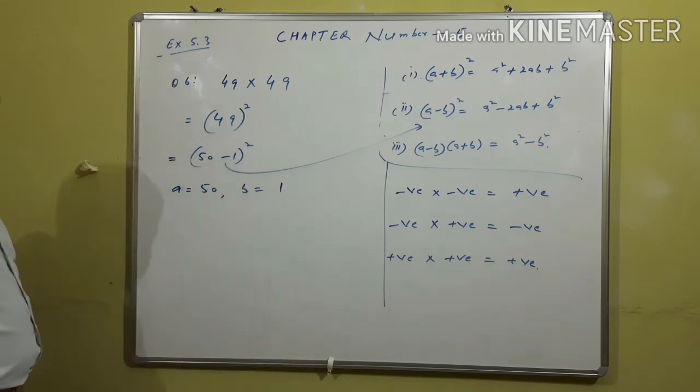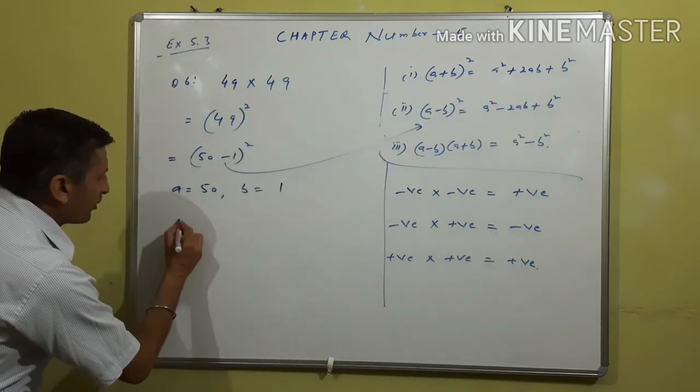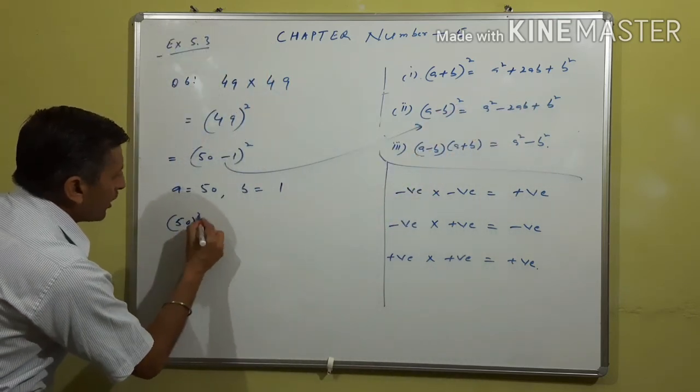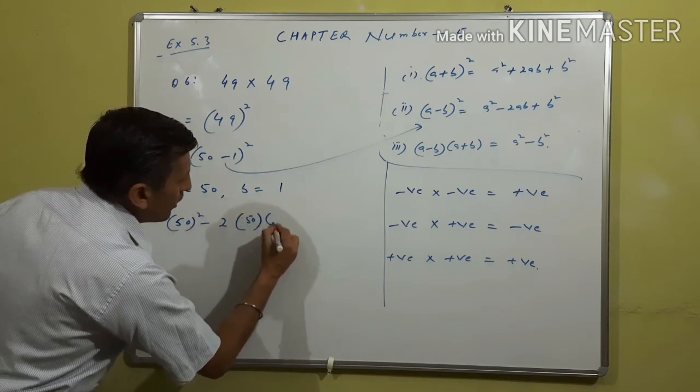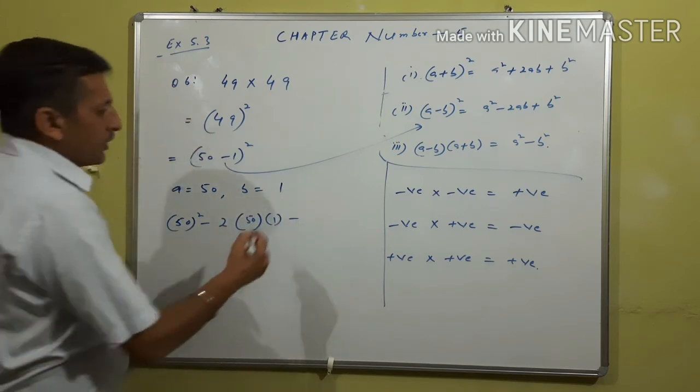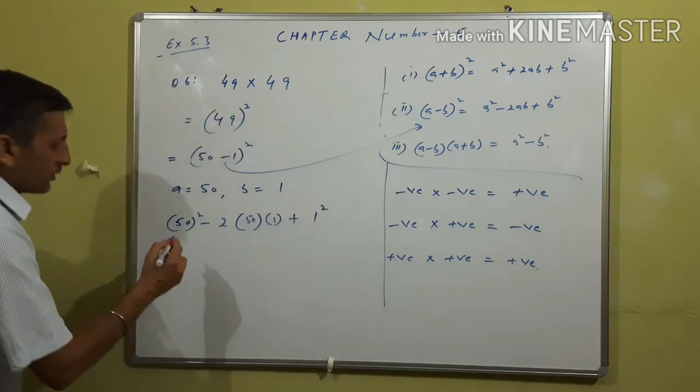Done. So (a minus b) squared is equal to a squared minus 2ab plus b squared. That means 50 squared minus 2ab, where a is 50 and b is 1, and after that plus b squared, that means 1 squared.